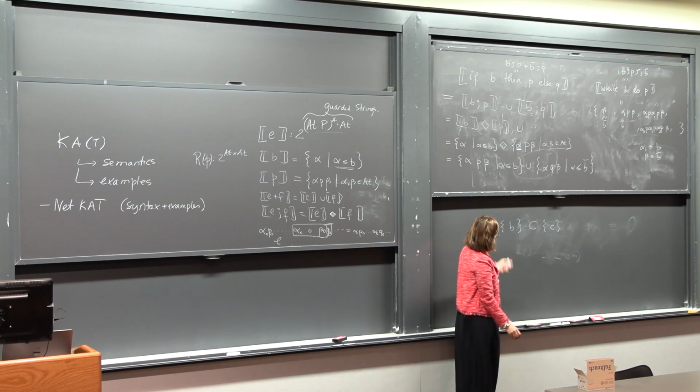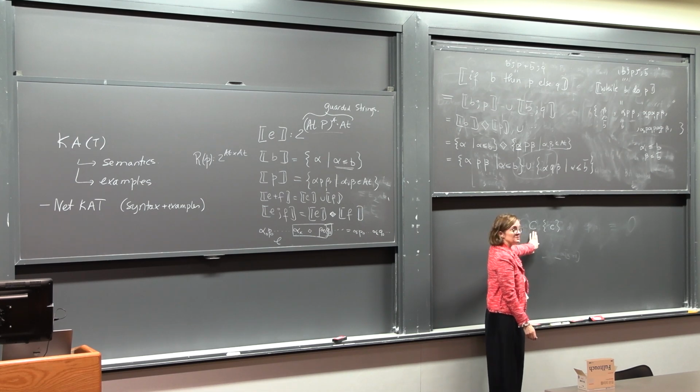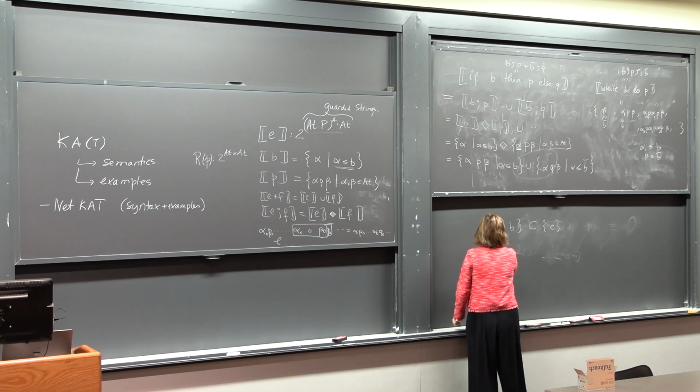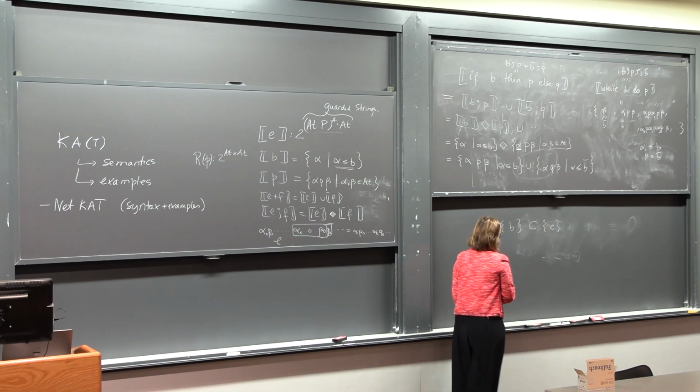The validity of this Hoare triple says that under precondition B, if I execute C and it terminates, then at the end the postcondition C is true.